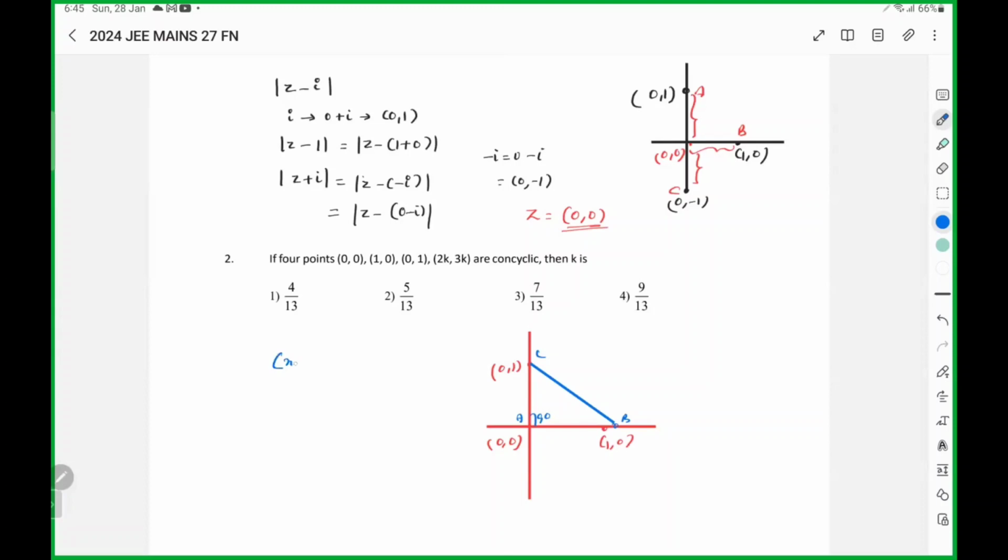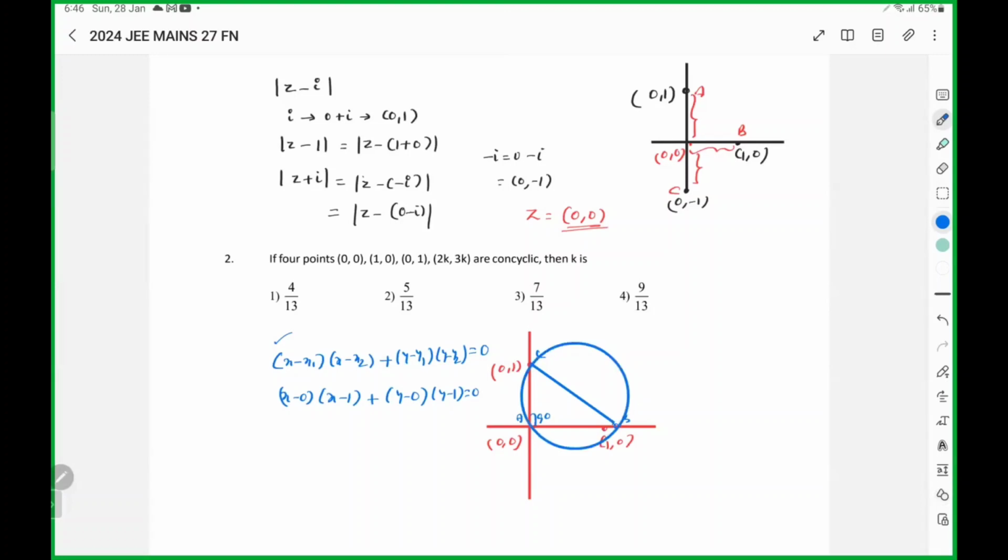Once (x1, y1) and (x2, y2) are ends of the diameter, then the equation of the circle is well known to you: (x - 0)(x - 1) + (y - 0)(y - 1) = 0 is the equation of the circle which passes through these points.